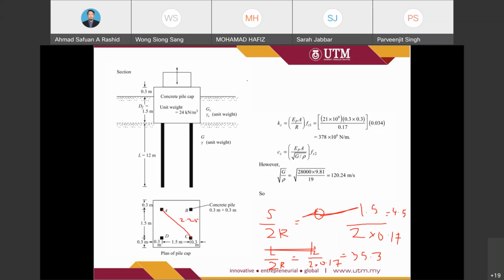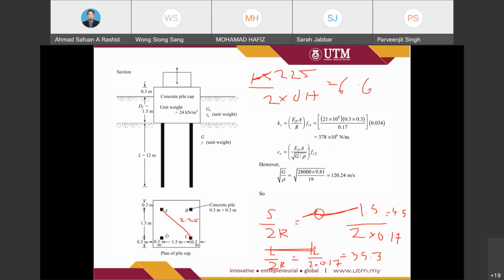So we calculate the spacing 2.25 over 2 times 0.17, which is 6.6.